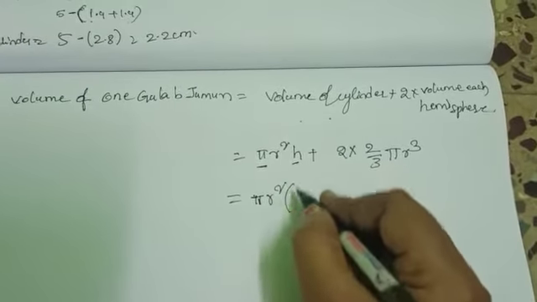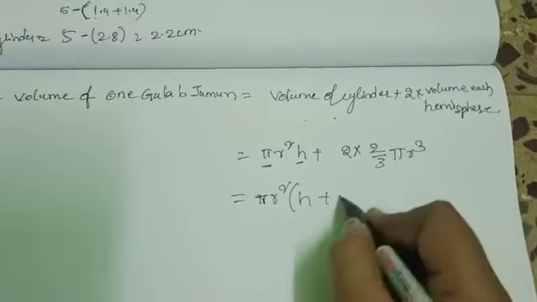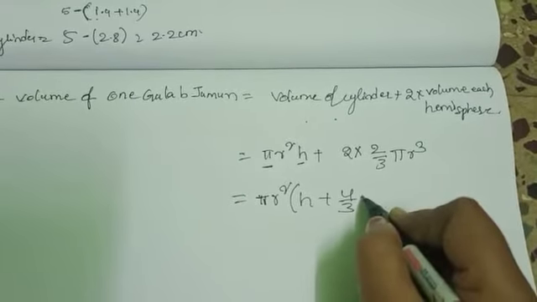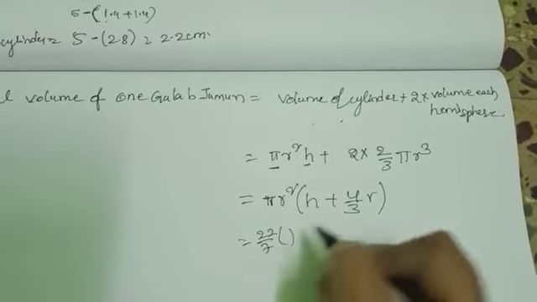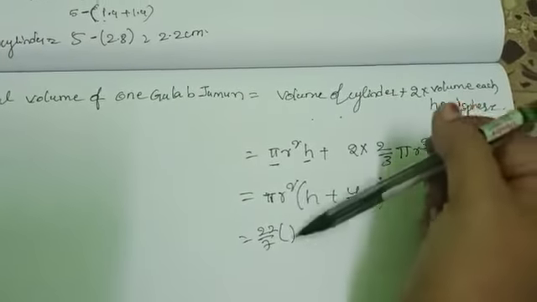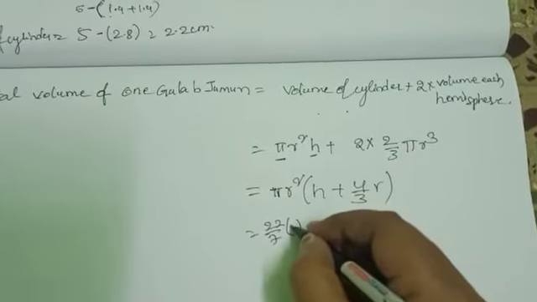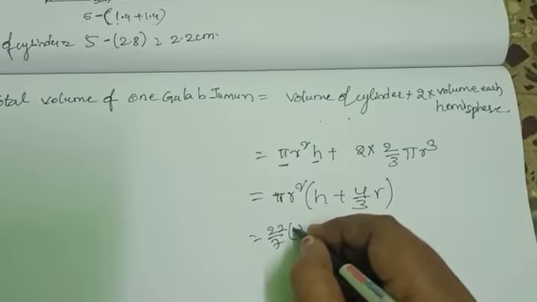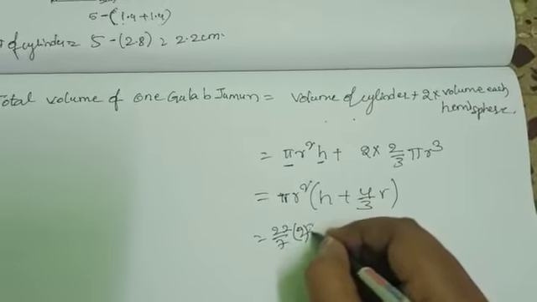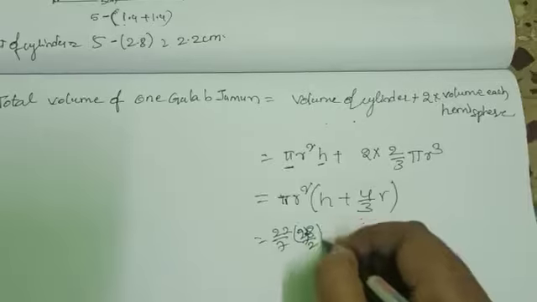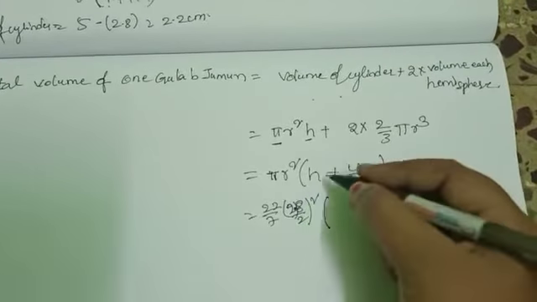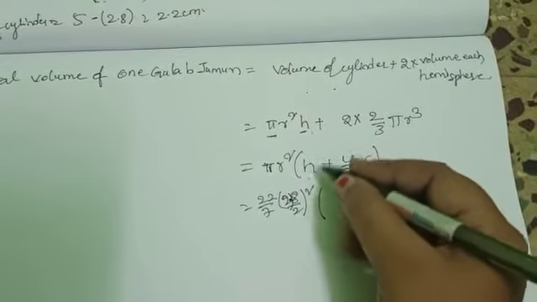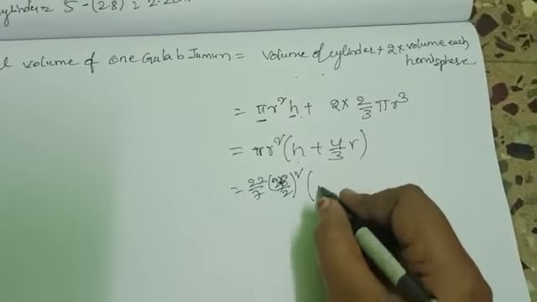So h plus 4 by 3 r, times pi r square, 22 by 7 into r square. Radius is 1.4, write it as 2.8 by 2 whole square. Height of the cylinder is 2.2.